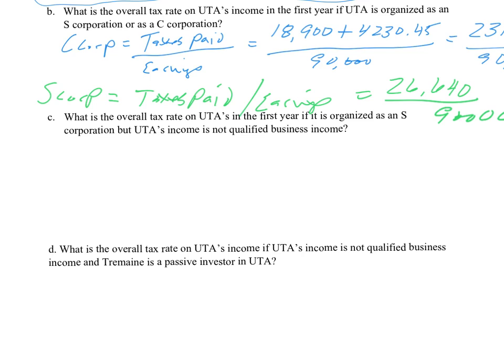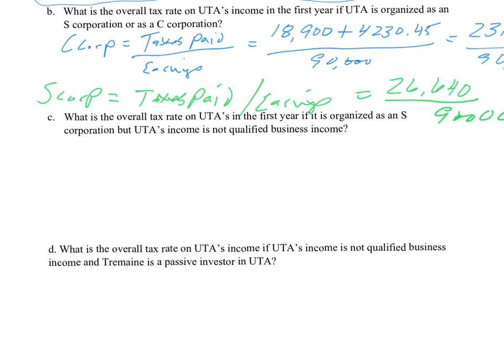So then C, what is the overall tax rate on the first year of income if it's organized as an S corporation, but the income is not qualified business income?